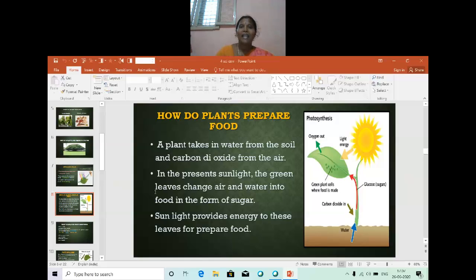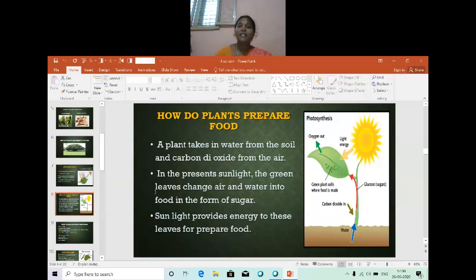That's why plants are called the kitchen factory of the world. Isn't it? Most of the food we depend on plants only. Not only human beings, even animals also depend on plants for food.